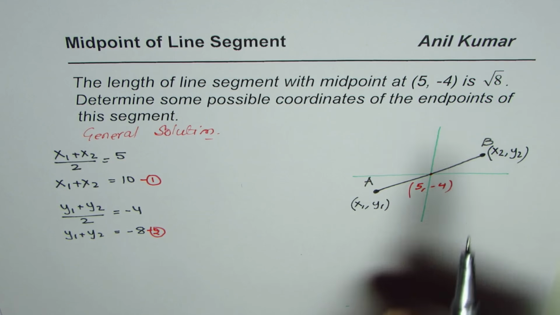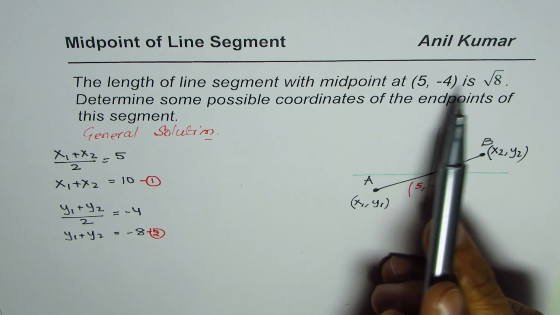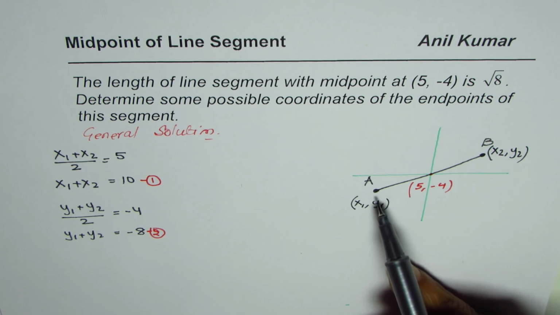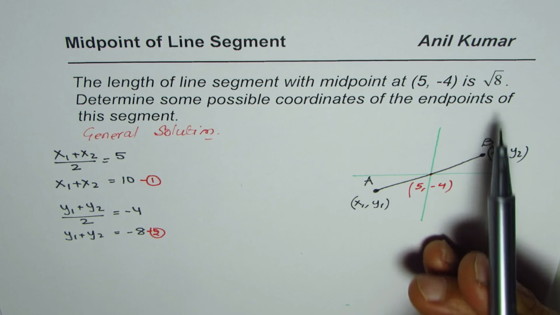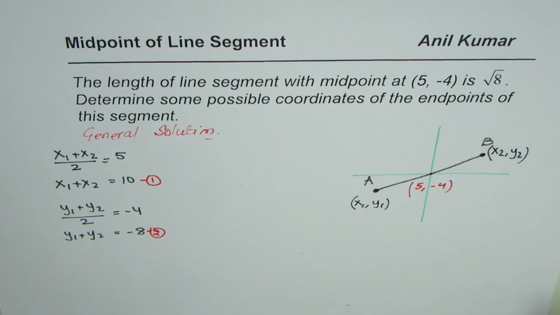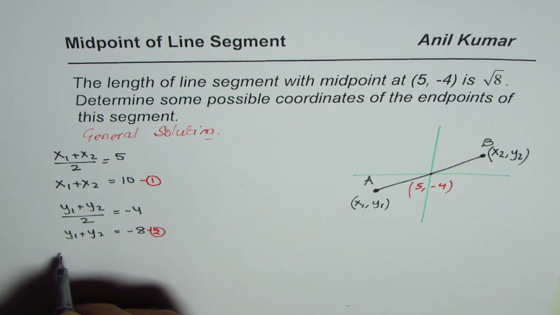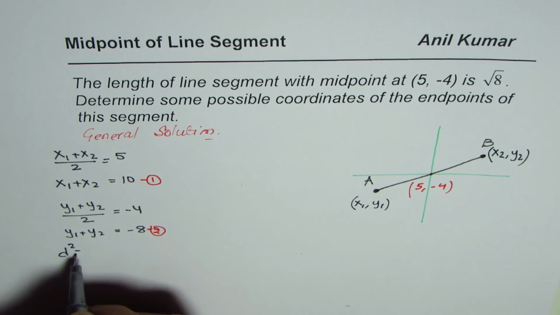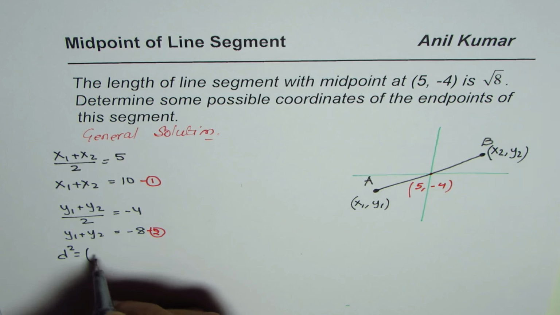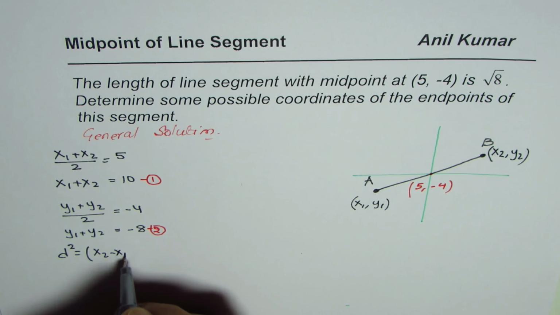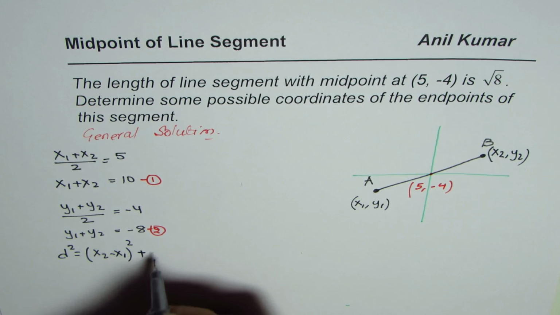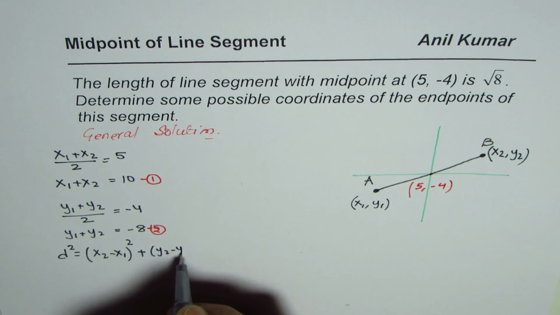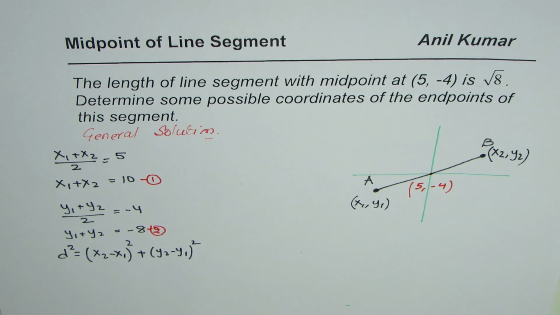We can get the other 2 by using the distance formula. Since the distance between A and B is square root 8, right? The distance formula is d square is equal to (x2 minus x1) whole square plus (y2 minus y1) whole square, right?